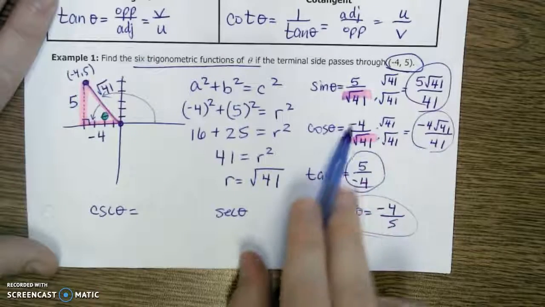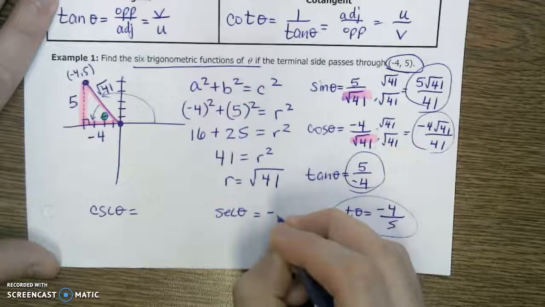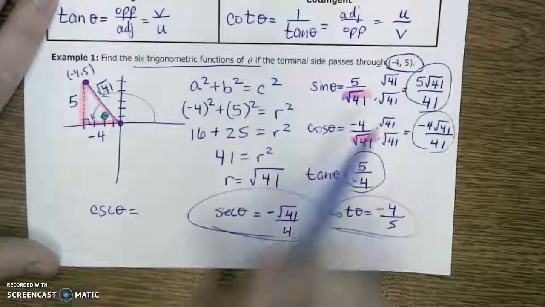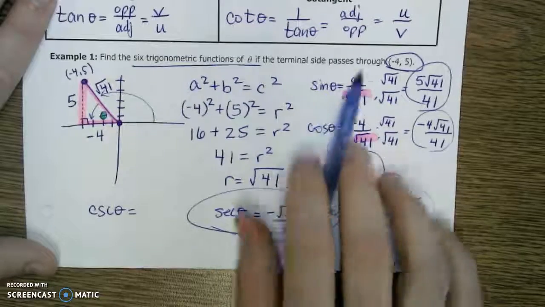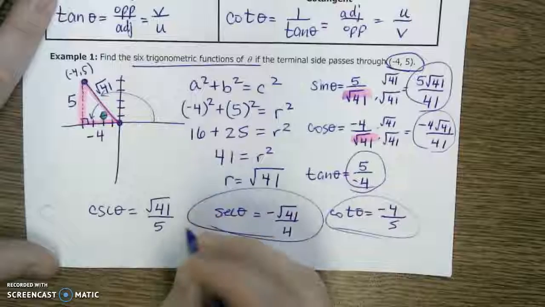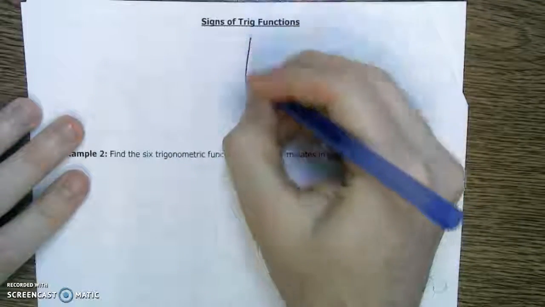I'm going to go back before I moved my radical and flip that. So negative radical 41 over 4. Cosecant, go to your sine before you flipped the radical to the top and go ahead and flip that fraction. Radical 41 over 5.